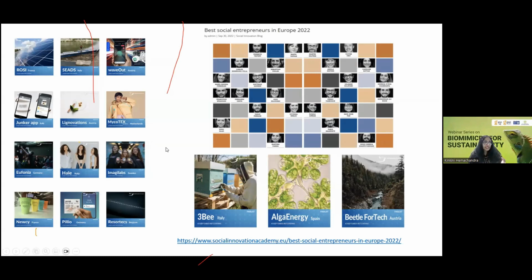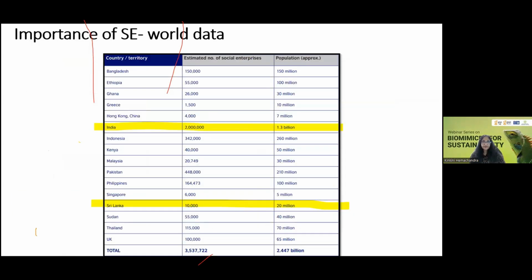For example, 3B in Italy tries to preserve the bee community and biodiversity based on information technology. Alga Energy is also a company that creates a microalgae business and tries to enhance agricultural productivity. So you can see how they have innovated biomimicry as well as nature-inspired solutions into their businesses.